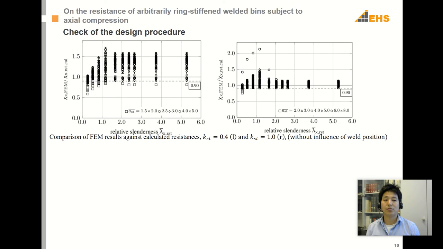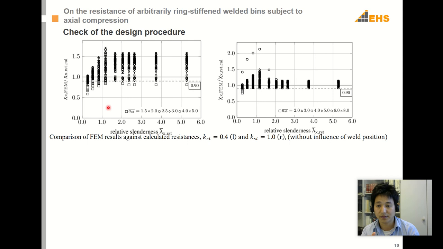And to verify the accuracy of the simplified model, we compared the numerical results and the results from the developed approach. Here the y-axis means the ratio of the result from the finite element method and the calculated value, and the x-axis is the relative slenderness.